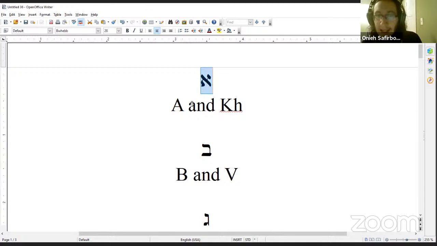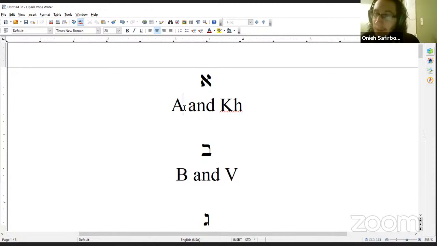Aleph corresponds to the letter A in the English alphabet, and it has the pronunciation for the vowel sound as ah, as in apple, or as in dad. What's interesting about that sound is when you say it naturally, you can hear the guttural sound in the vowel.